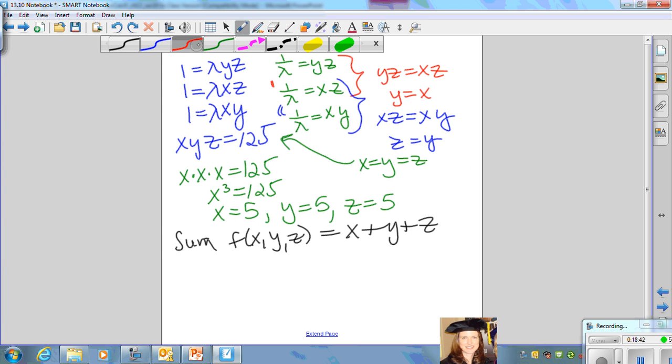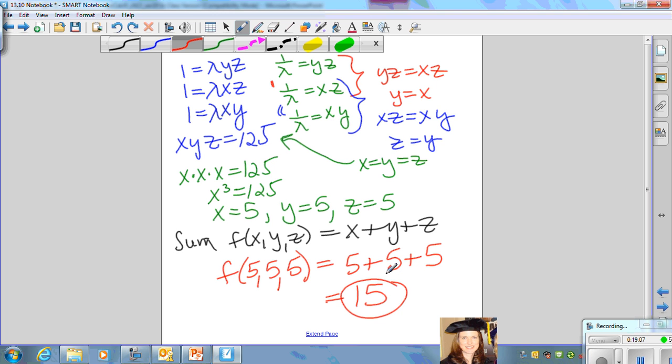And if we evaluate that for our critical point here, when x is 5, y is 5, and z is 5, we see that the sum is 15. So this is the minimum sum of 3 numbers whose product is equal to 125.